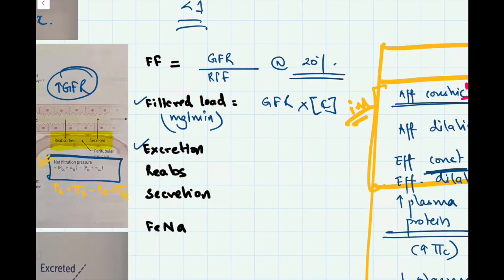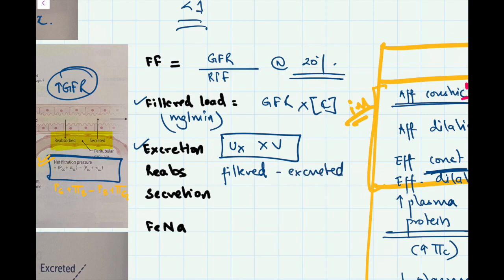Excretion is given by the formula, the concentration in urine multiplied by the urine flow, very easy. Then for reabsorption, it is filtered load minus the excreted load, while secretion would be excreted load minus the filtered load, right?